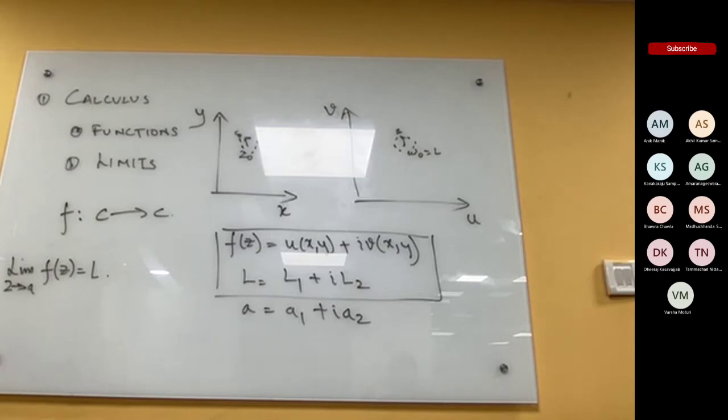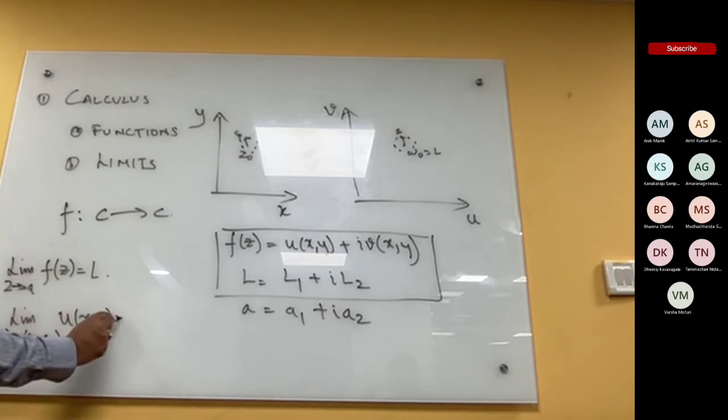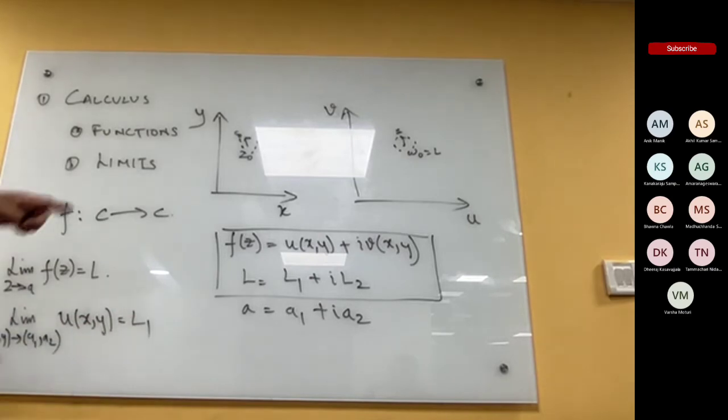Then, if this statement is true, what does it mean? Limit of x,y tending to a1 comma a2 of u of x,y is equal to L1. Correct?